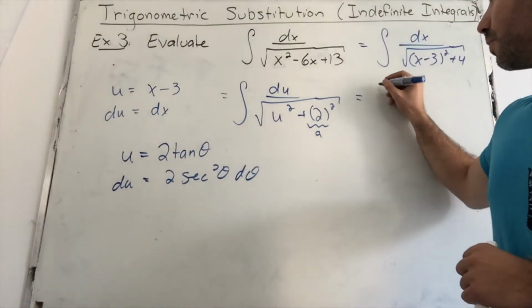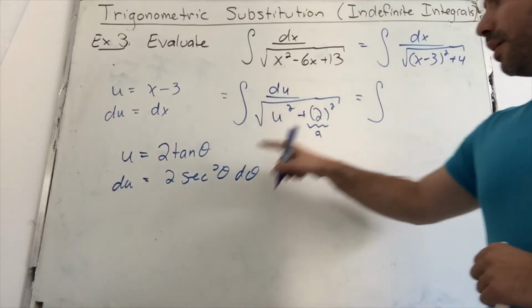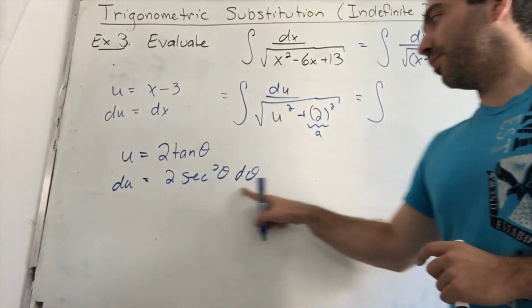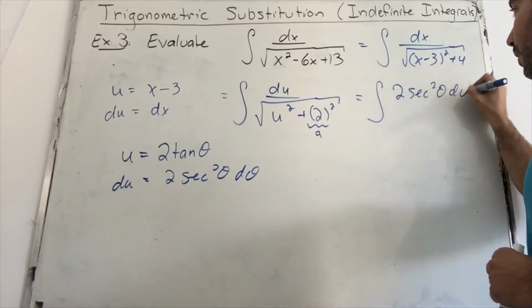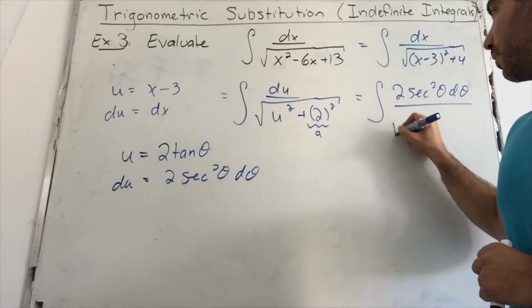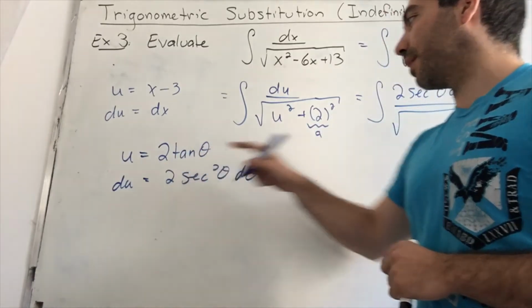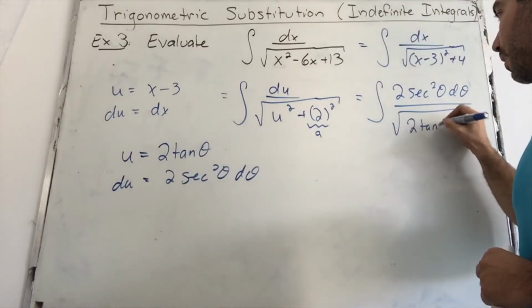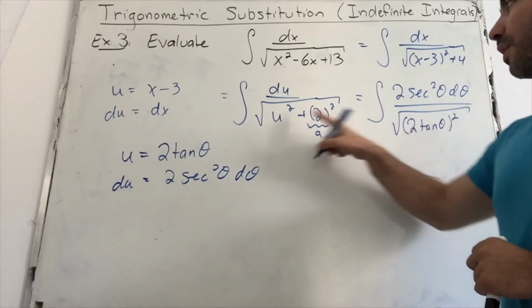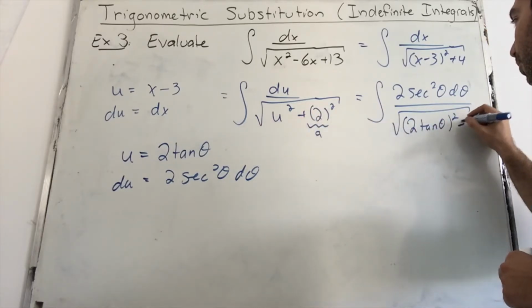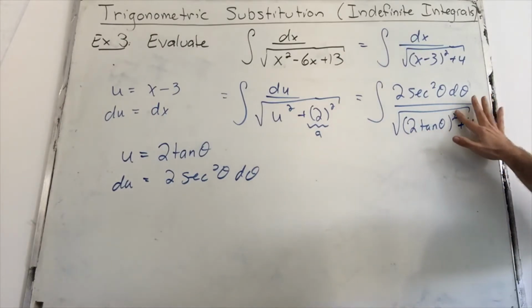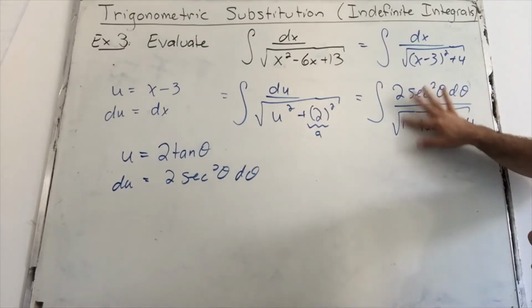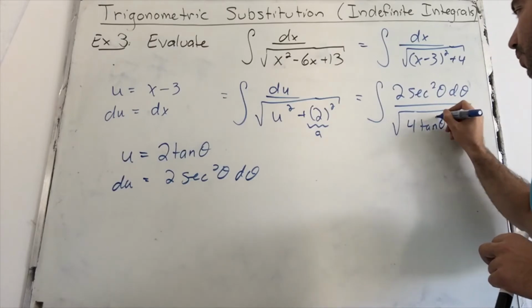So this is equal to the integral where du in the numerator is just 2 secant squared theta d theta. Inside the root, we're rewriting u as 2 tan theta, all that squared, plus 2 squared, which is 4. Notice that (2 tan theta) squared is the same as 4 tan squared theta.